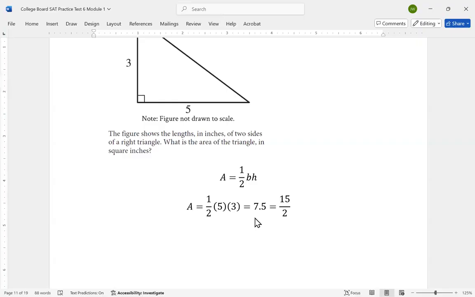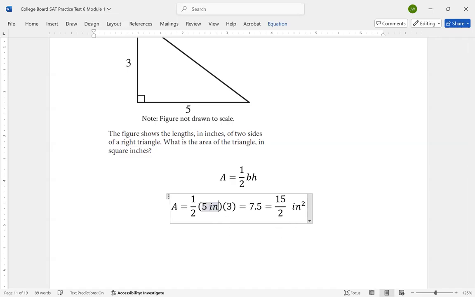As far as labels goes, this would be in square inches. Since each side is length in inches, then when I take a side times a side, I'm getting inches times inches.